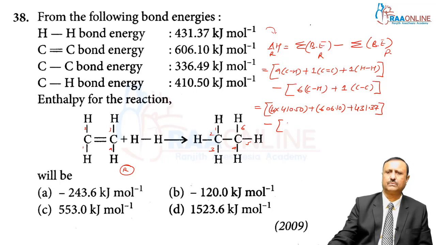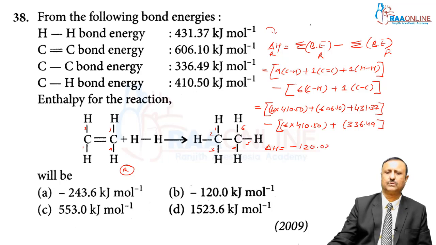The product: 6 multiplied by the CH 410.50, and here plus the single bond CC, that is 336.49. Now, my dear students, you can calculate the delta H. When you multiply and add and subtract, then your delta H is minus 120.02 kilojoule per mole.